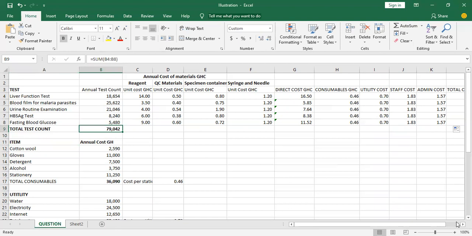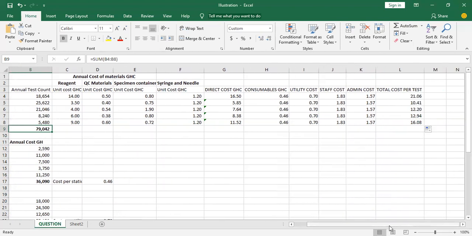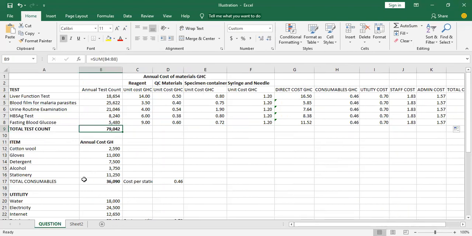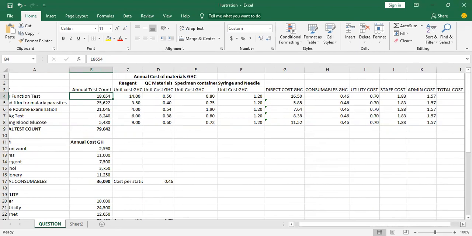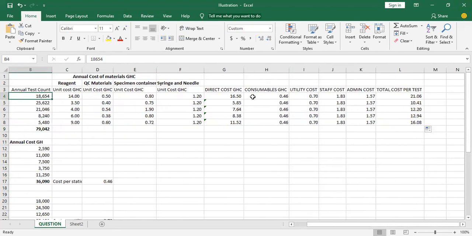So if we want to even know how much was consumed by liver function tests, we can indirectly calculate it as the annual test count for liver function tests multiplied by the respective indirect cost. So for consumables, we're going to have 0.46 Ghana cedis multiplied by the test count for LFT of 18,654.